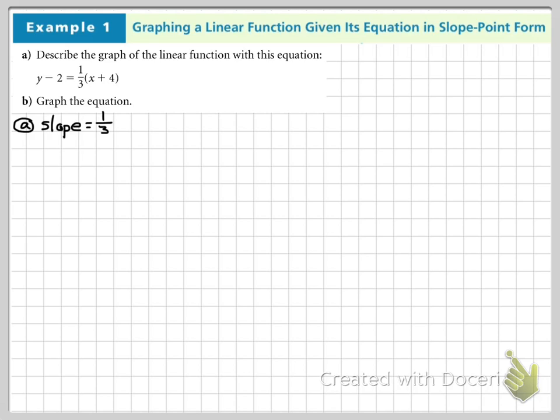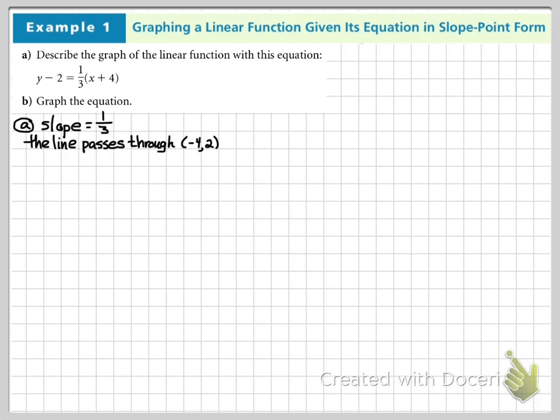Well, one of the points has to have the coordinates (-4, 2), because it's x minus x1, so that would be x minus (-4), and y minus y1, and that would be positive 2. So there we have the slope and a point on our line.